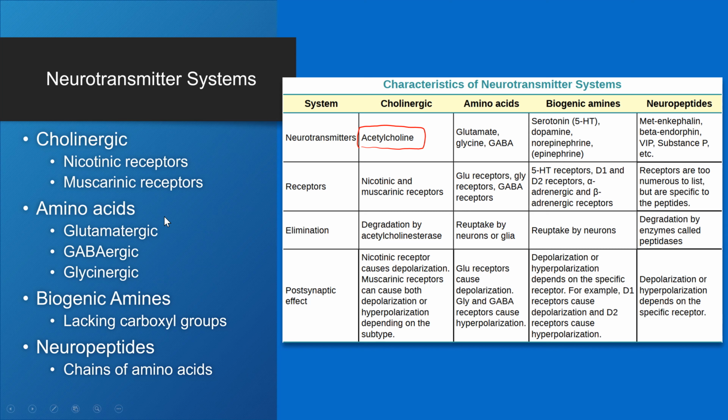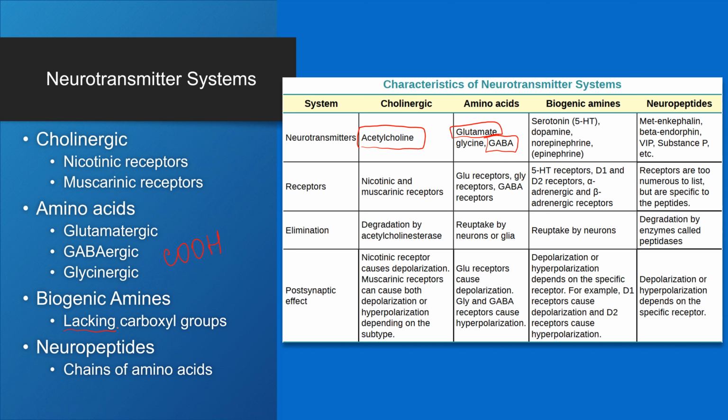Now, amino acids, right over here. An example would be glutamate or GABA. GABA is an inhibitory neurotransmitter, and glutamate is excitatory. But again, we classify them based on the structure. Biogenic amines: amino acids have this carboxyl group, COOH, and biogenic amines lack this carboxyl group.